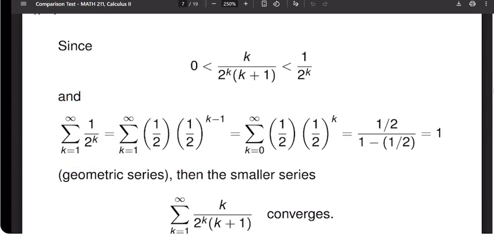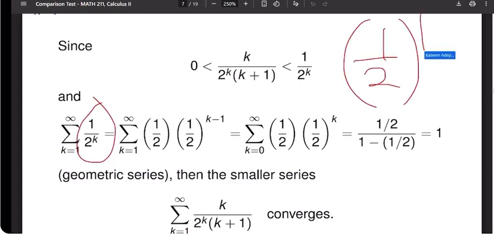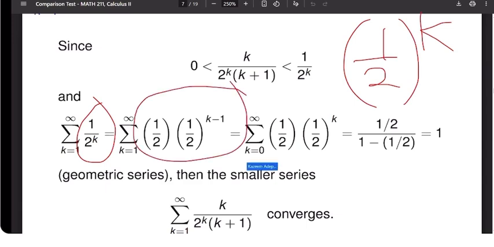I can write it as 1 over 2 all raised to power k, because 1 raised to power k is 1, then 2 raised to power k. Then when I have 1 over 2 raised to power k, I can write it as 1 over 2, then 1 over 2 raised to power k minus 1.